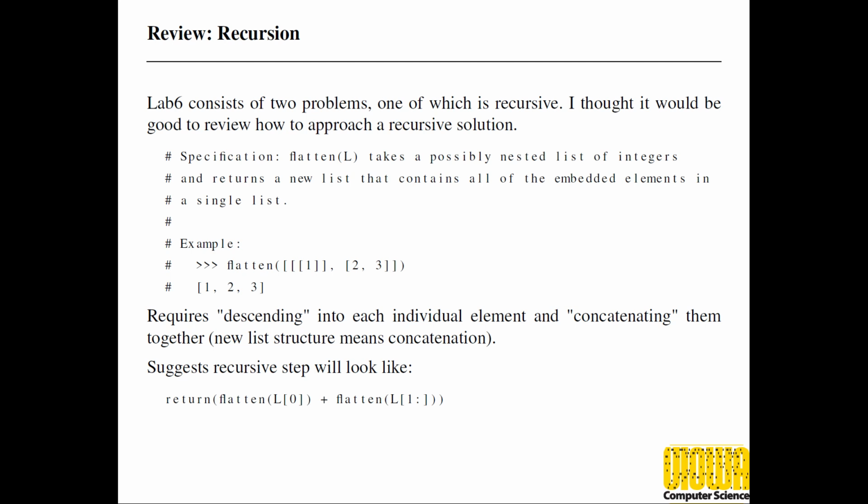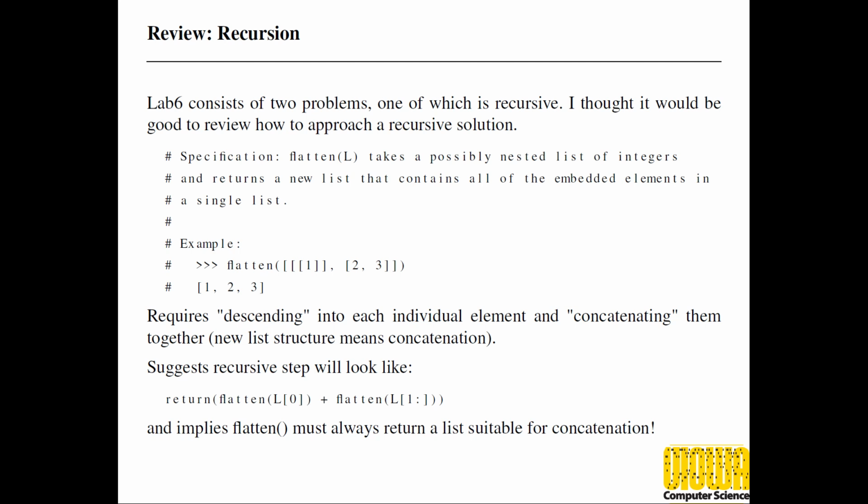So as I look at this formulation of the recursive step, I notice that because the whole thing returns a list, where does it say? Returns a new list, and I'm using concatenation to create the new list, that means that flatten here and flatten here must also return lists. So I already know some things about my function.